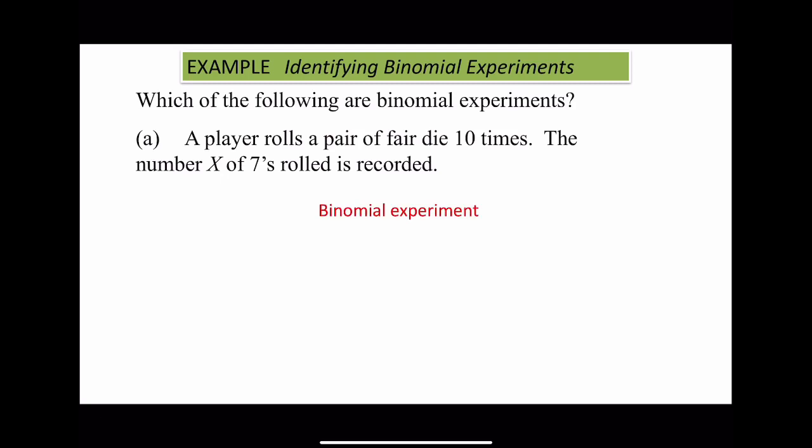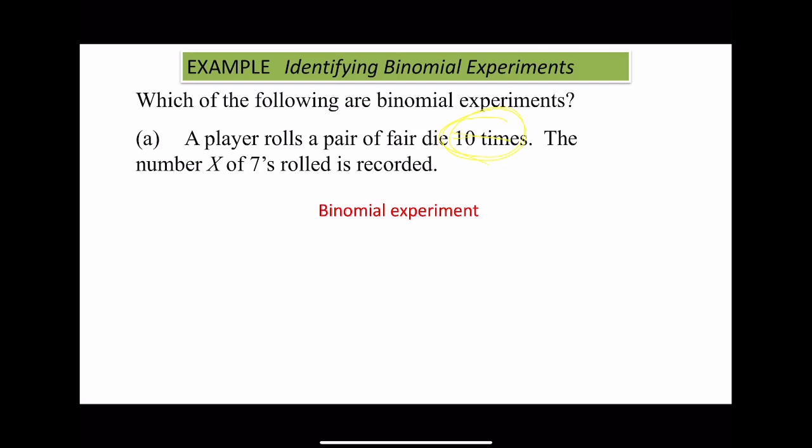The way that we know that is because we have 10 trials. We rolled the dice 10 times, so that's a fixed number of times that we rolled the dice. The trials are independent. Each time you roll the dice does not affect the other times that we rolled the dice.